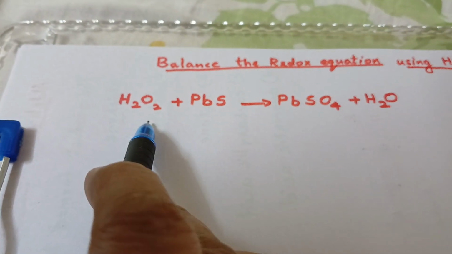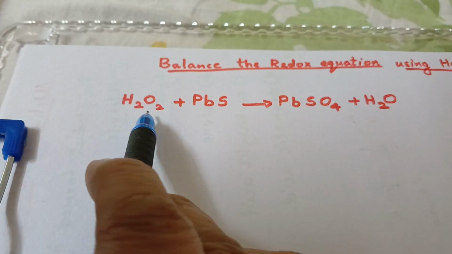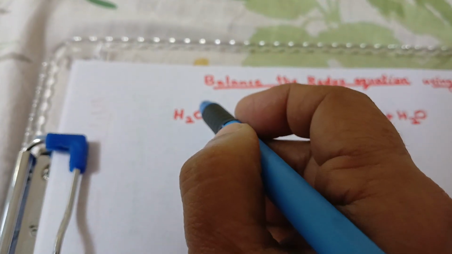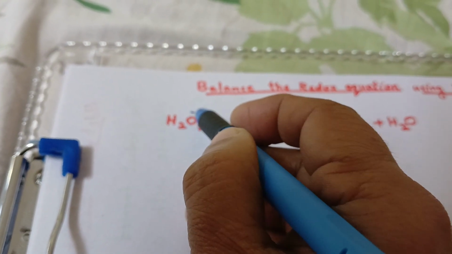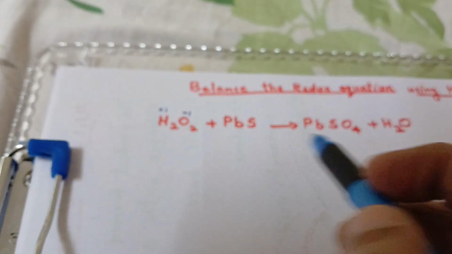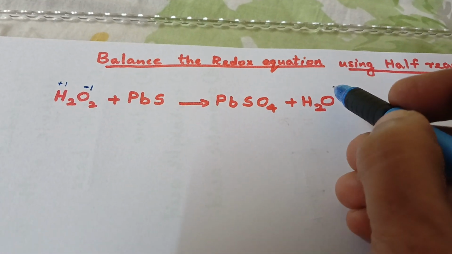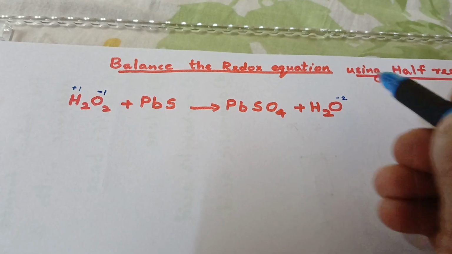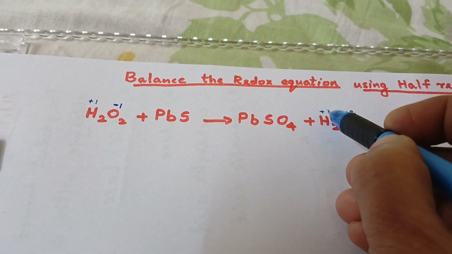So in the first one itself, we can see that it is H2O2, hydrogen peroxide. Here oxygen is having -1 oxidation state, hydrogen +1. So what about in water? In water, oxygen is having -2 oxidation state and hydrogen +1.